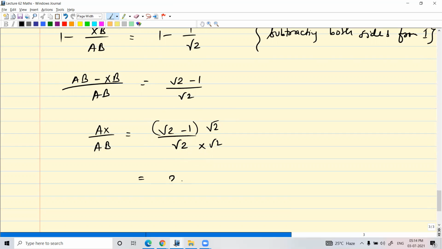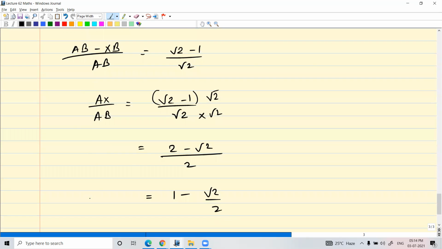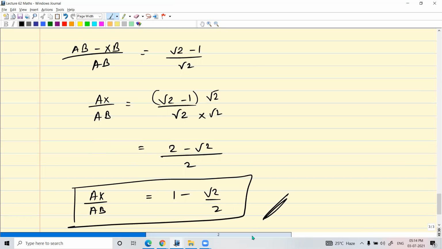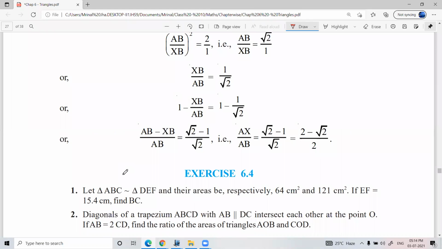Root 2 into root 2 will become 2, so we get 2 minus root 2 by 2, which we can write as 1 minus root 2 by 2. Or we could have stopped here also. Let's see what they have done. They also rationalized the denominator: 2 minus root 2 by 2.